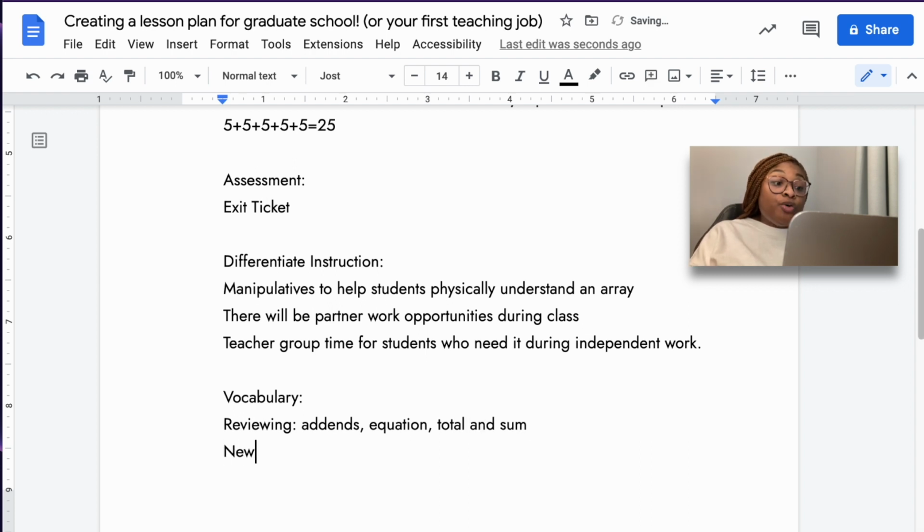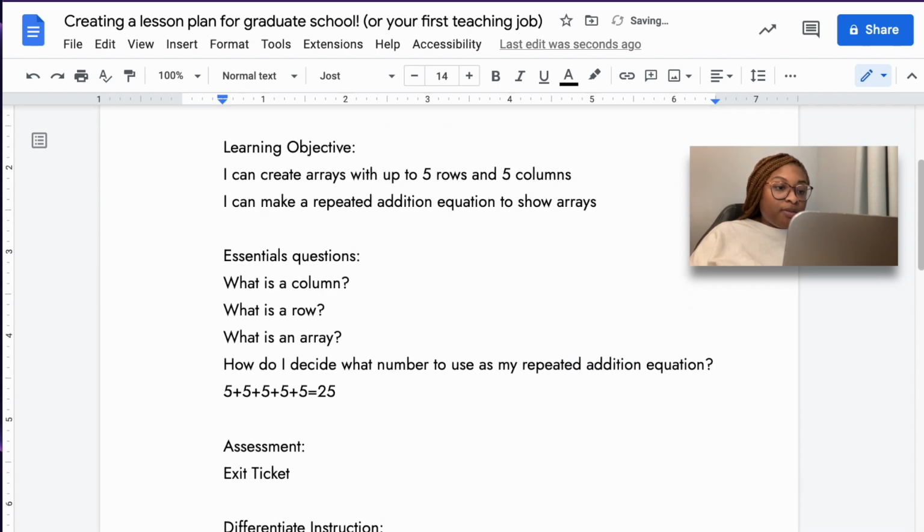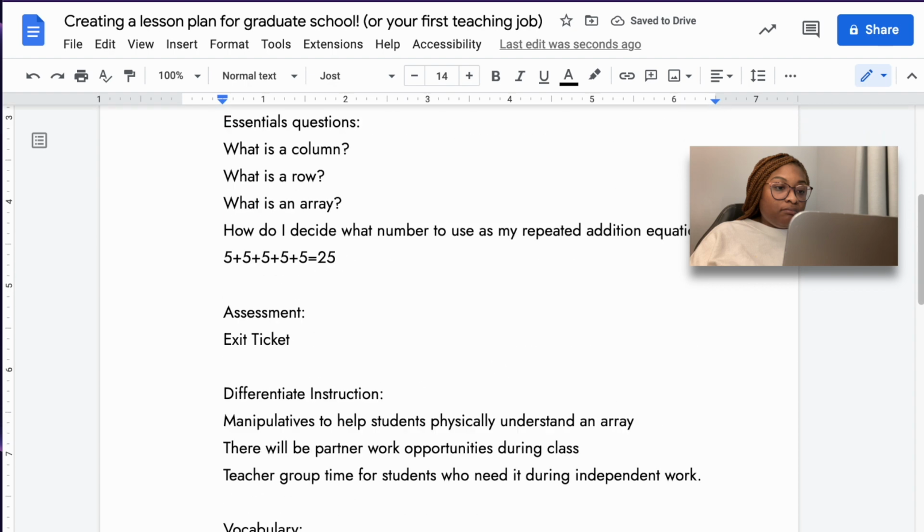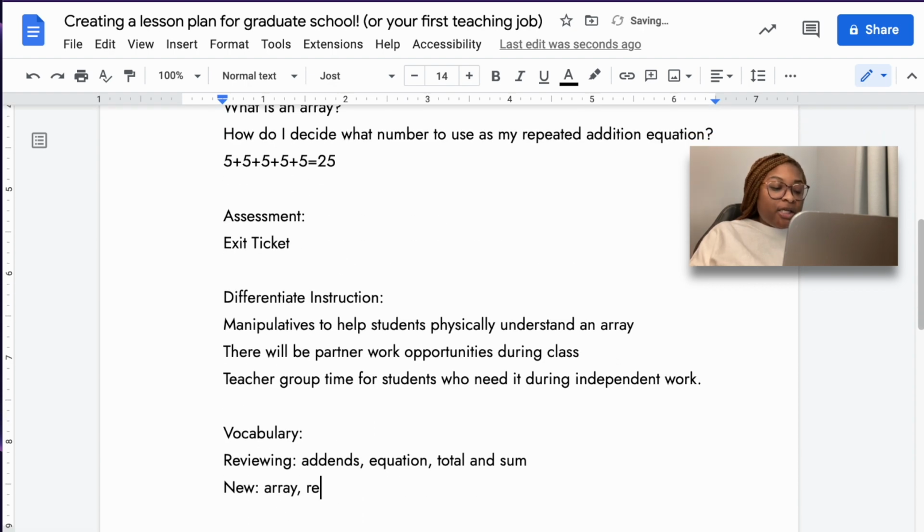Okay, and then new vocabulary is going to be array, and what else? Repeated addition might be a new term for them, so we'll talk about that. I'll also put rows and columns too.